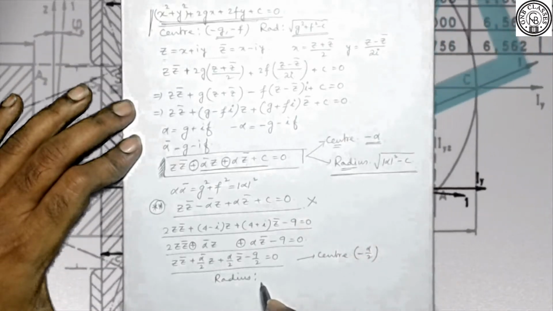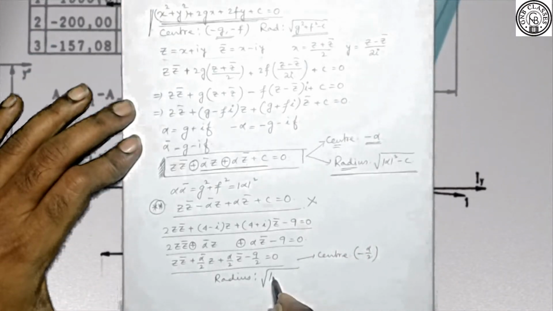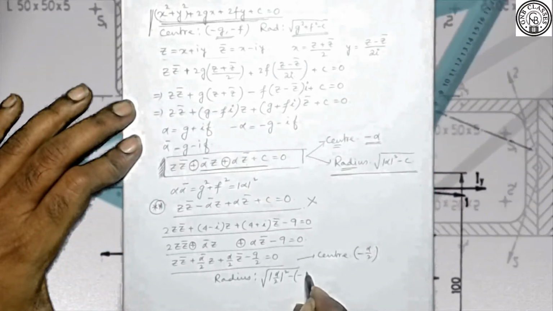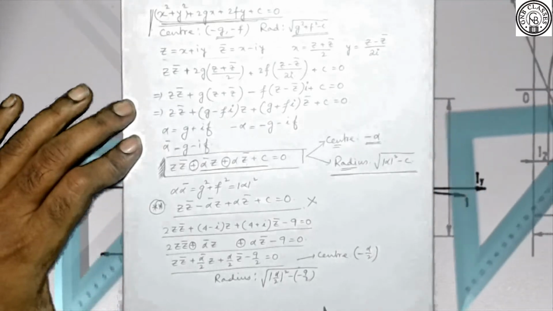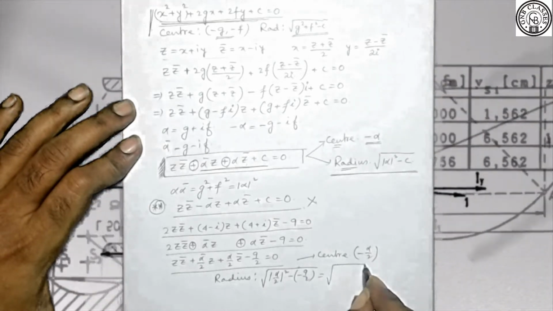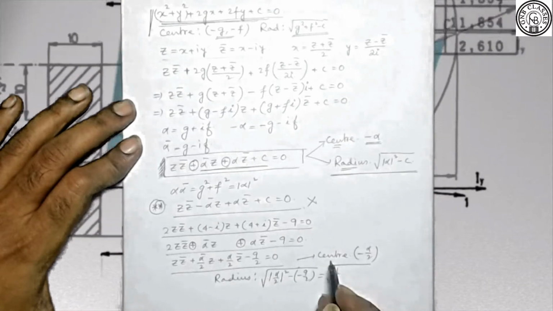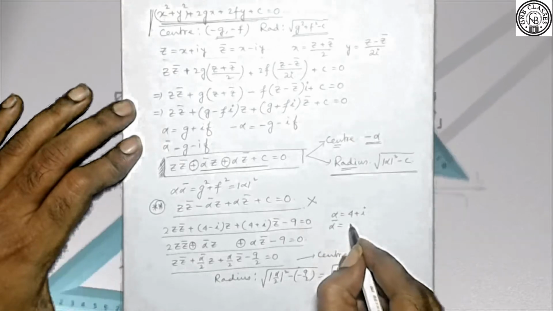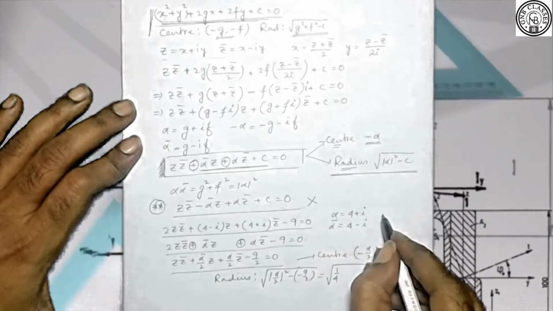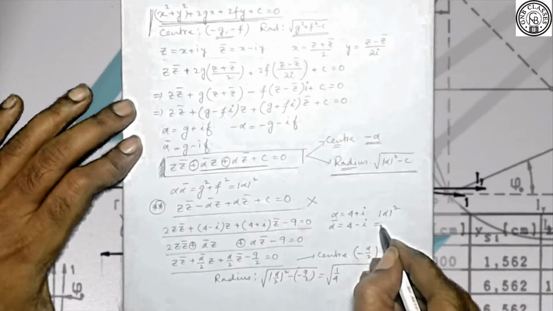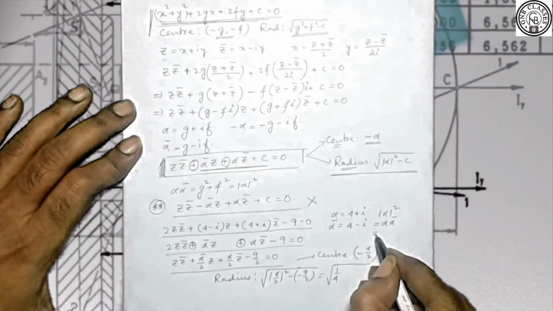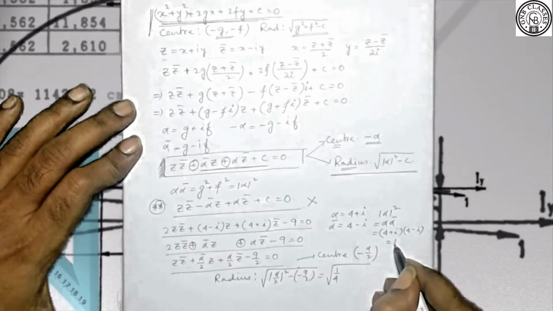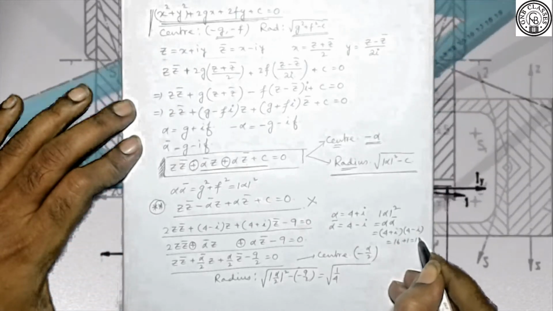So in this case, what will happen? It will be under root mod of alpha by 2 square minus c, means minus of 9 by 2. Am I correct? So that gives us under root 1 by 4. Here alpha is basically 4 plus iota. So alpha bar is 4 minus iota, and therefore your alpha square will become alpha into alpha bar, which gives us 4 plus iota into 4 minus iota, that gives us 16 plus 1, that is 17, correct?